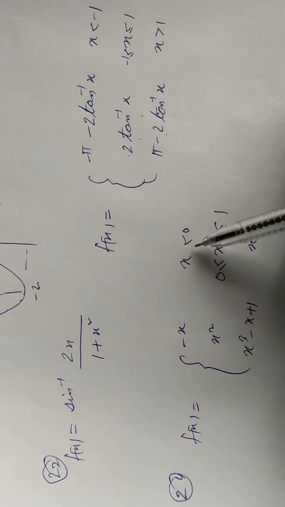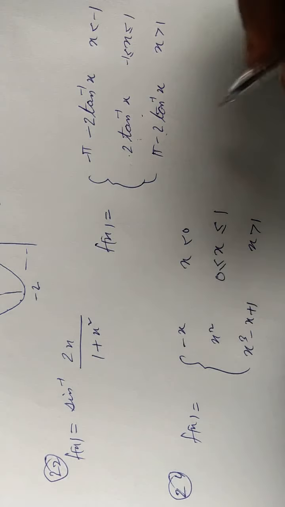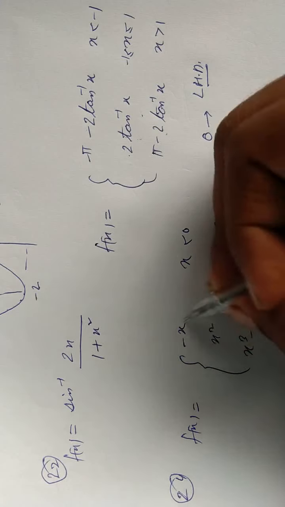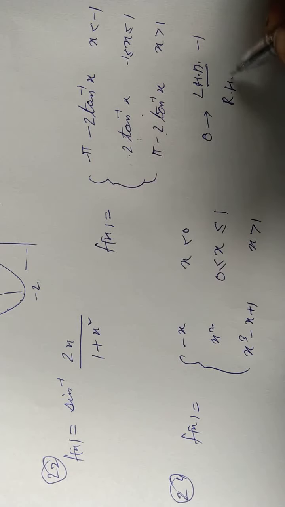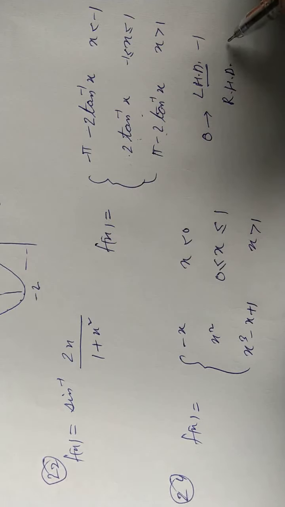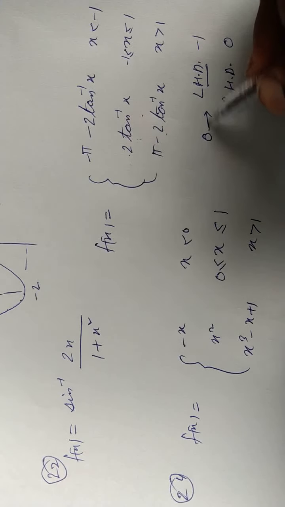So calculating at x equal to 0, the LHD, left hand derivative, would be, we can see, -1, RHD would be 2x, and at x equal to 0 it becomes 0. So function is not differentiable at x equal to 0.